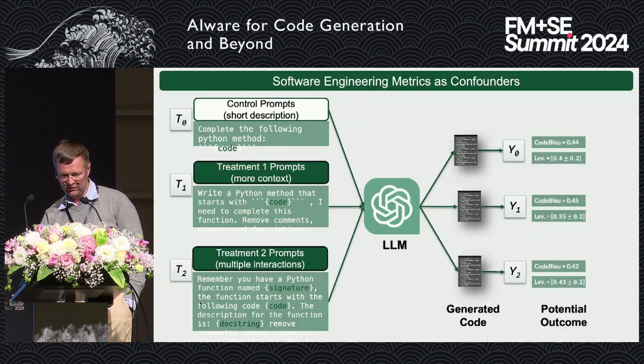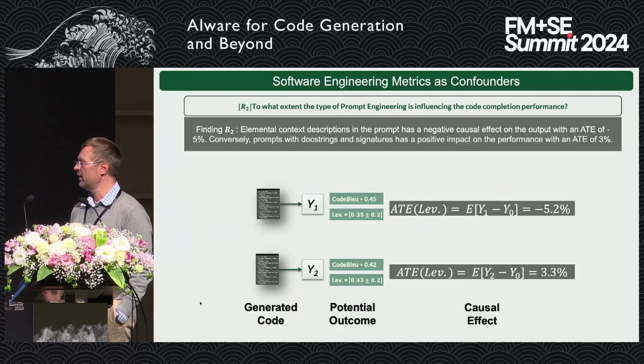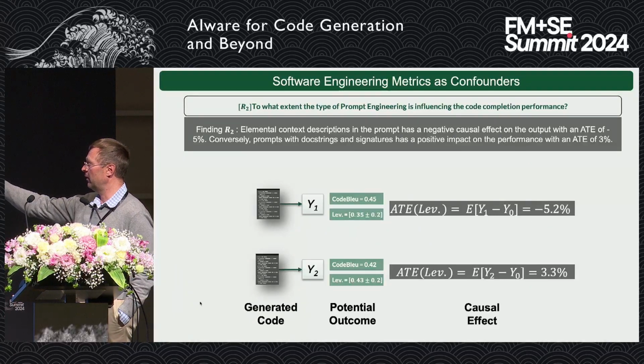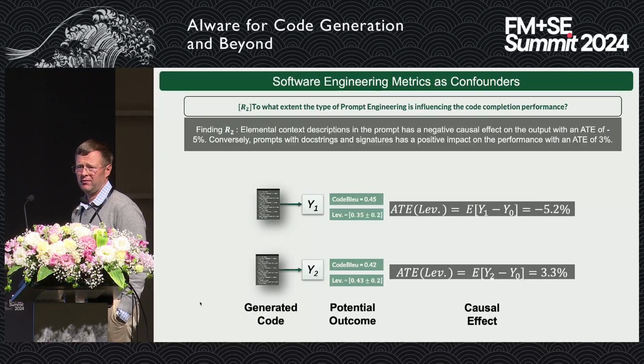And an interesting result here is that if you use metrics like CodeBLEU, it will basically tell you that there is not that much difference, okay? So the generated code is pretty much the same, there is no impact.